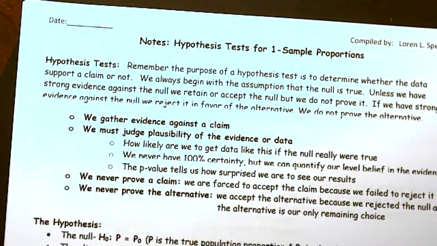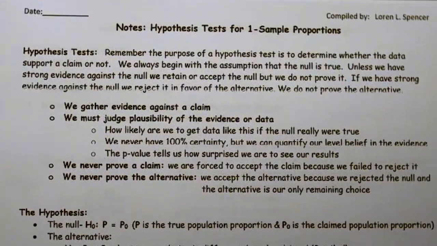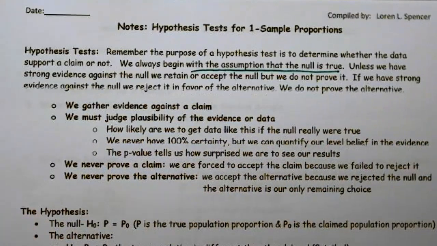All right, a couple of things. Some of this is just review, and I'm going to expect you to read this on page 175. The purpose of a hypothesis test is to determine whether the data support a claim or not. We always begin with the assumption that the null is true. And we are forced to accept or retain a null unless we have enough evidence against it.